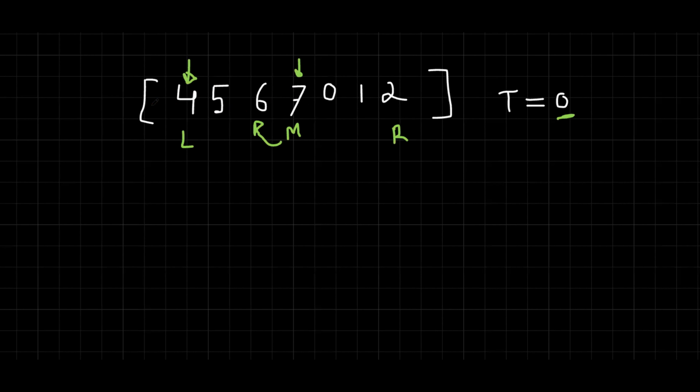Now, it can be possible that our mid lies in the right subarray. So here we have to check whether the target is present in this portion or not. If the target is present in this portion, we have to search the value in this portion and discard the entire left subarray here.